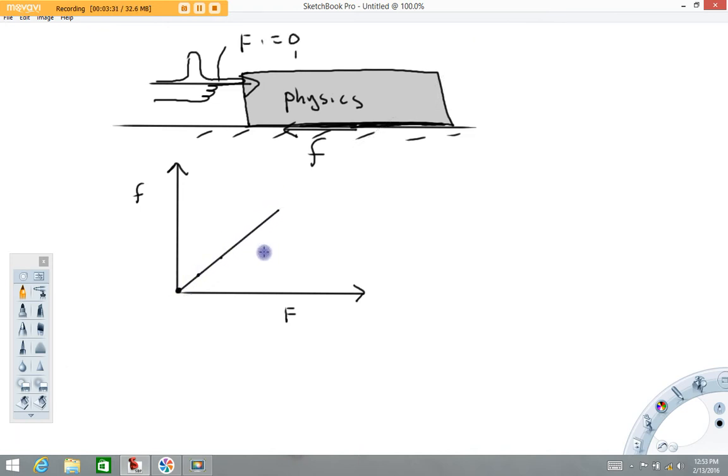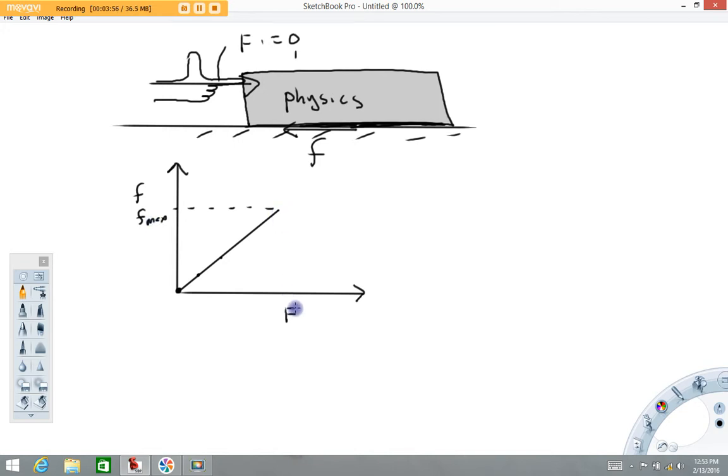Now remember, eventually the book broke free, and that means the frictional force has a maximum value. That's as high as we're going to get on the graph. Once the book breaks free, you should have experienced that the force you applied fell off a little bit. It takes a little less force to keep it moving than it does to get it moving.